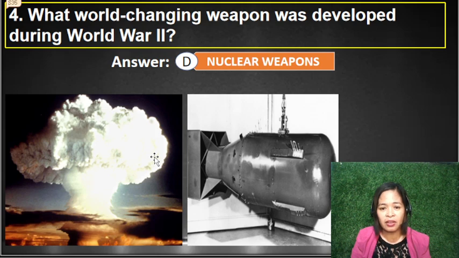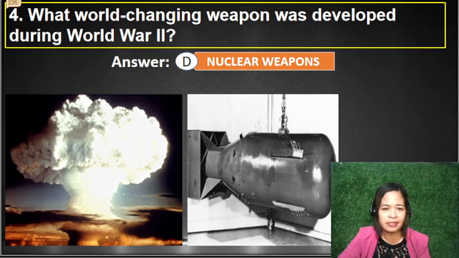It's the nuclear weapon. The atomic bomb and the nuclear bombs are very powerful weapons that use nuclear reactions as their source of explosive energy.